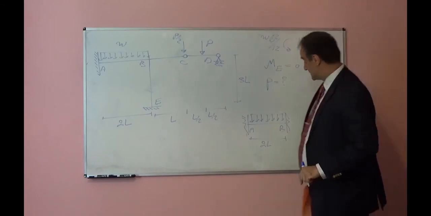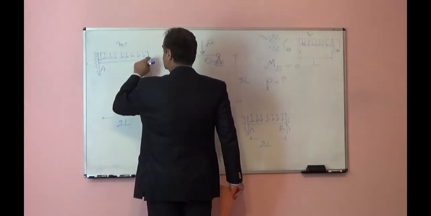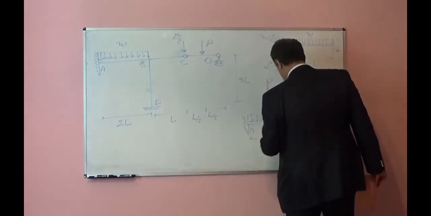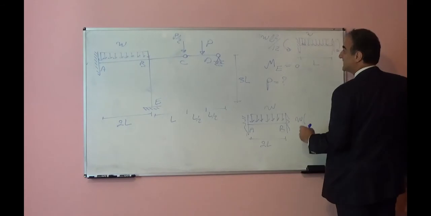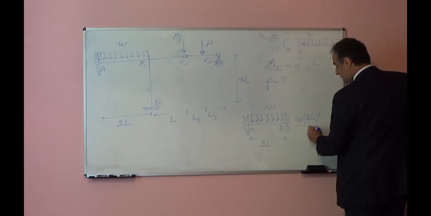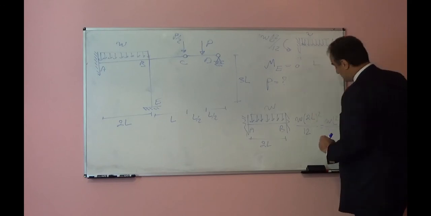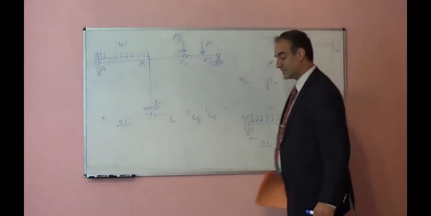Here in this example, the support reaction will be W, the intensity of the load, times L squared, where L is 2L, so 2L squared over 12. This will be W L squared divided by 3, because our L is 2L. It will be 4, 4 and 12 cancel.